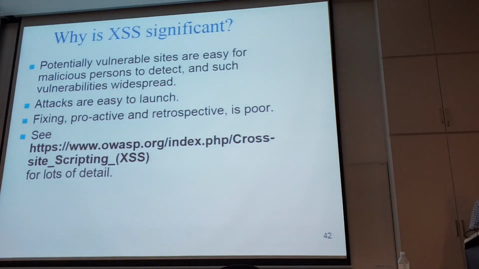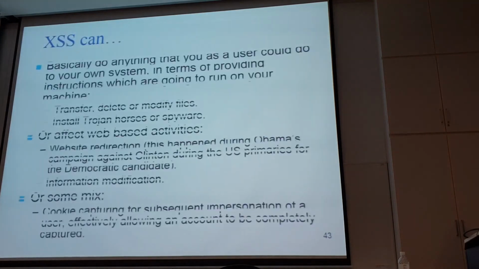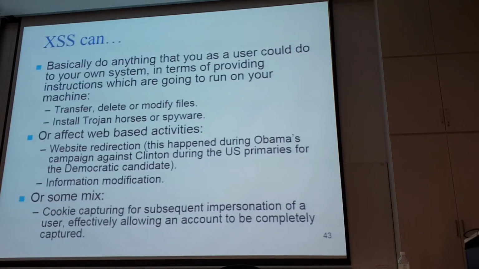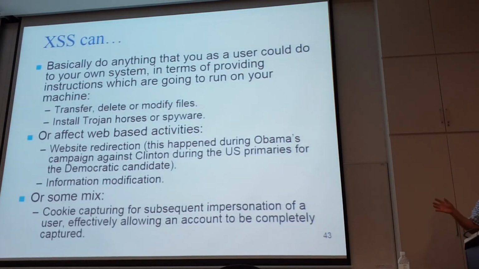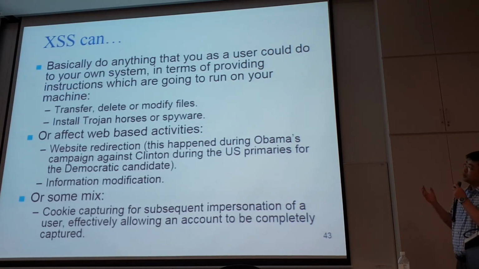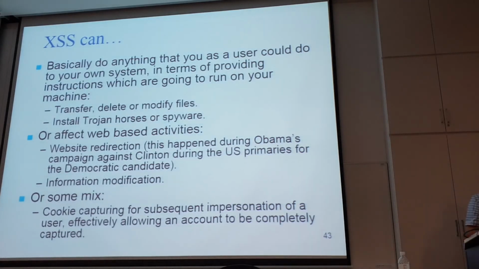So in this case, we have a software injection. We inject the malicious code on the server, and when people read the content, the malicious code will be executed on the victim's machine. There is some damage that can be caused by cross-site scripting.